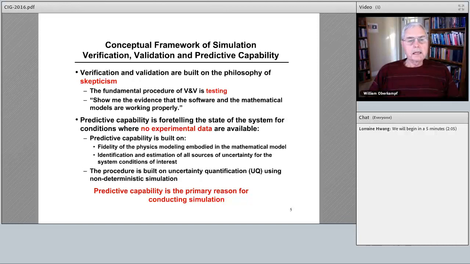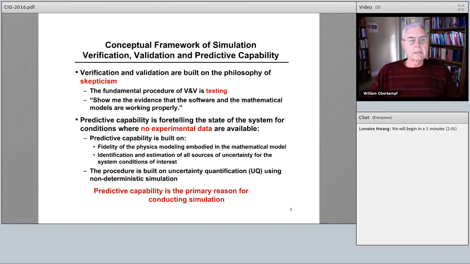That may sound like a weird thing to say, but when you're in it a long time, like I've been, roughly 20 years, maybe a little bit longer, and how you distinguish that from predictive capability or uncertainty quantification, this is really testing. That's the emphasis in V&V. Testing of software, testing of our models, testing of our assumptions in the models, all of those kinds of things.